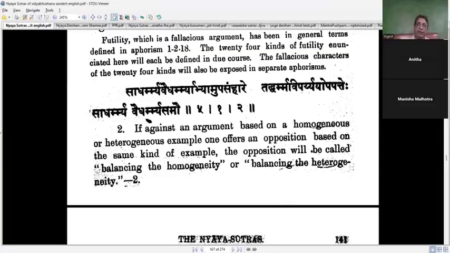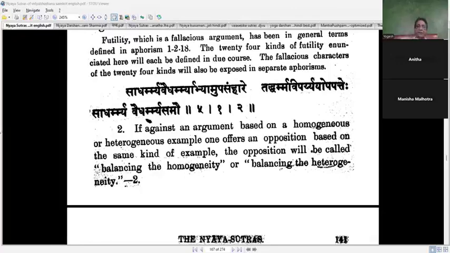So we are taking two categories here first, sadharmya and vaidharmya. Sadharmya is basically what? We have seen up till here, sadharmya, two objects having common properties. What this sutra is saying is, the opponent is using the technique of comparing objects with similar qualities, that is called sadharmya, to prove his point.